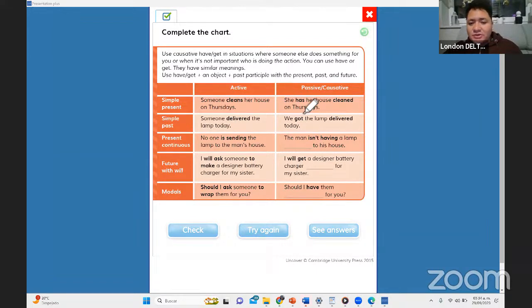Alguien más lo hace por ti. Okay, so here in this case, we would write the causative, or we would say, she has her house cleaned on Thursdays, que es como ella hace que le limpien la casa los jueves. O ella manda, es como decir, manda a limpiar la casa los jueves. Okay, this is the causative.